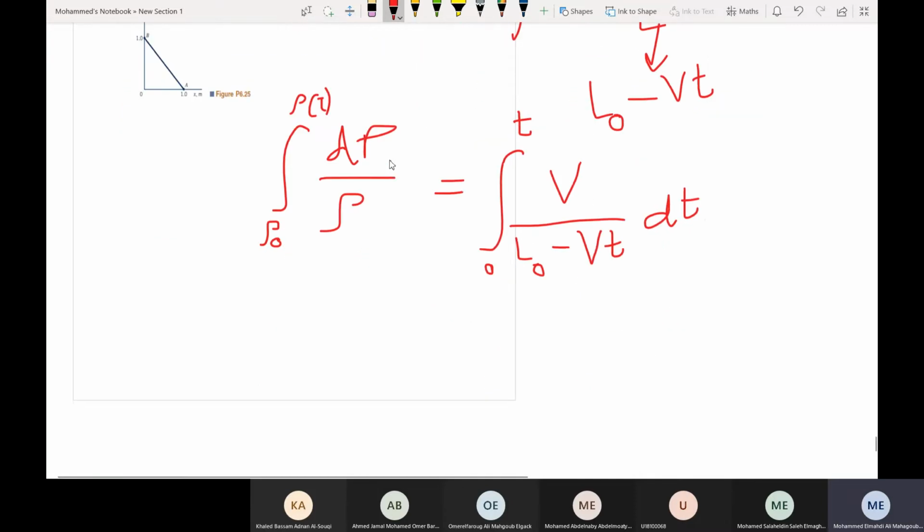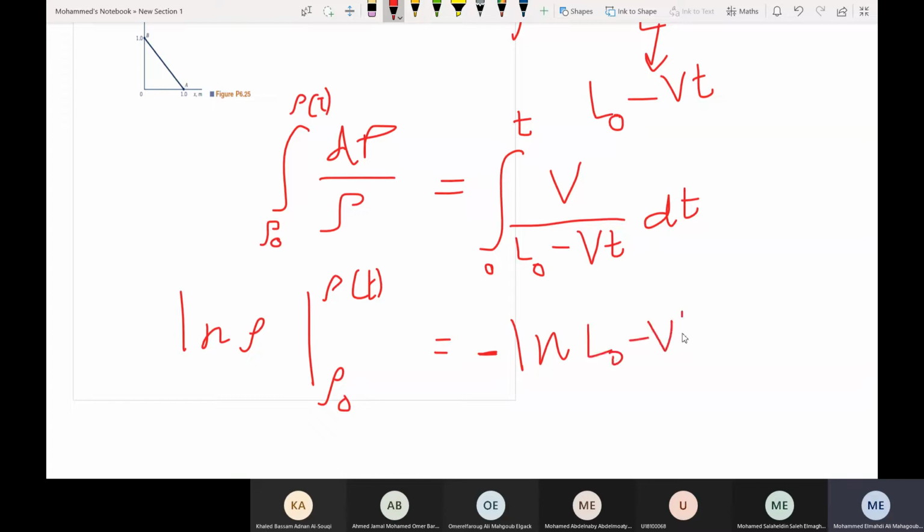What's the integral? It's ln. So it is ln rho from rho naught to rho t equal to minus ln, we have minus ln because of the minus here, of L naught minus VT, from 0 to T.